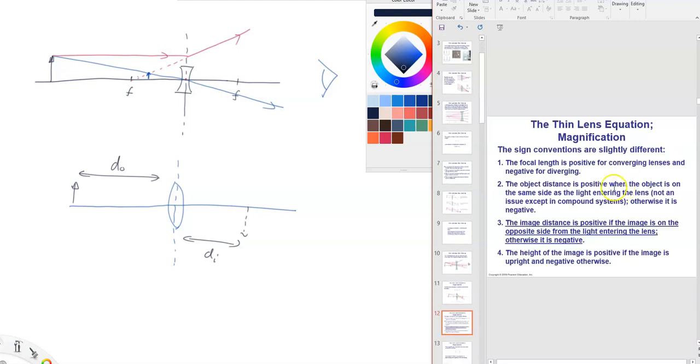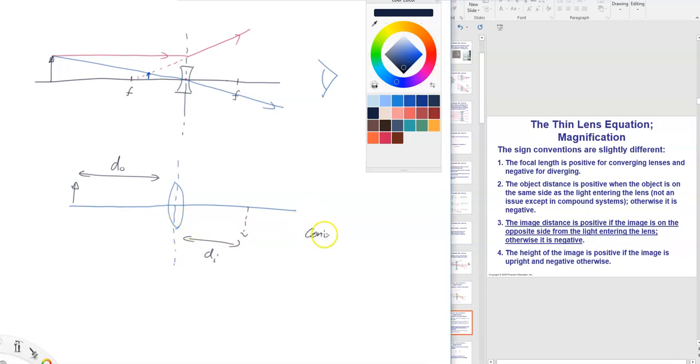So the sign convention, things to remember. Focal length is positive for converging, and converging means convex lenses. Convex lens, F positive.